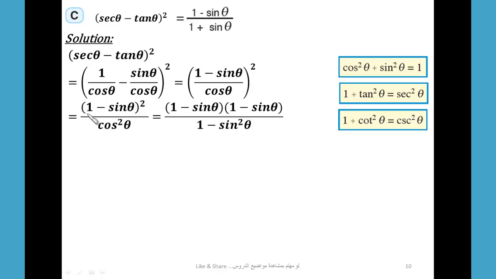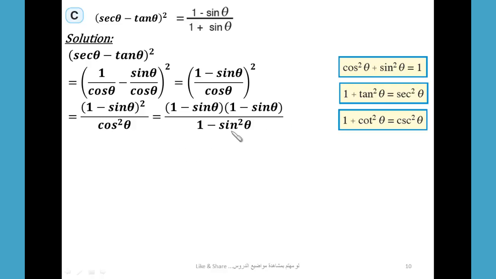Here we have 1 minus sine theta all square equals 1 minus sine theta multiply 1 minus sine theta. It is the same bracket, not a difference of two squares. Cosine square theta equals 1 minus sine square theta. Why? Because cosine square plus sine square equals 1, so cosine square equals 1 minus sine square.